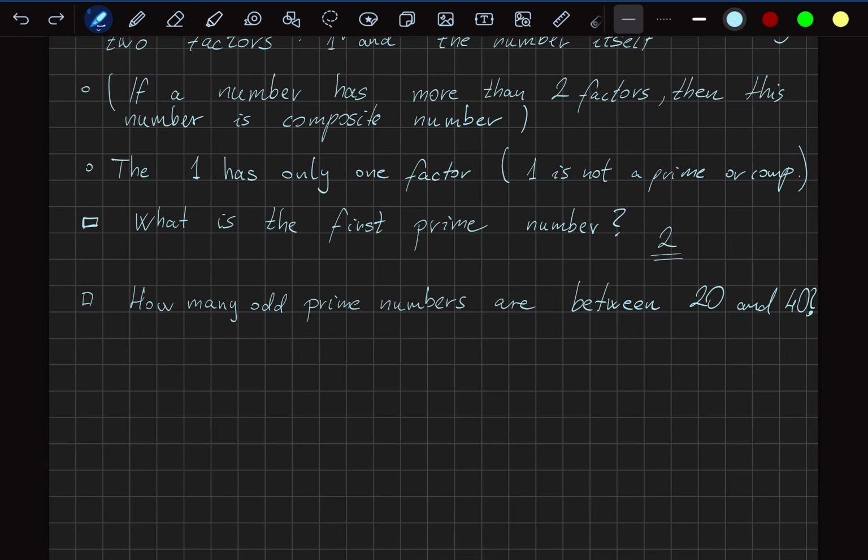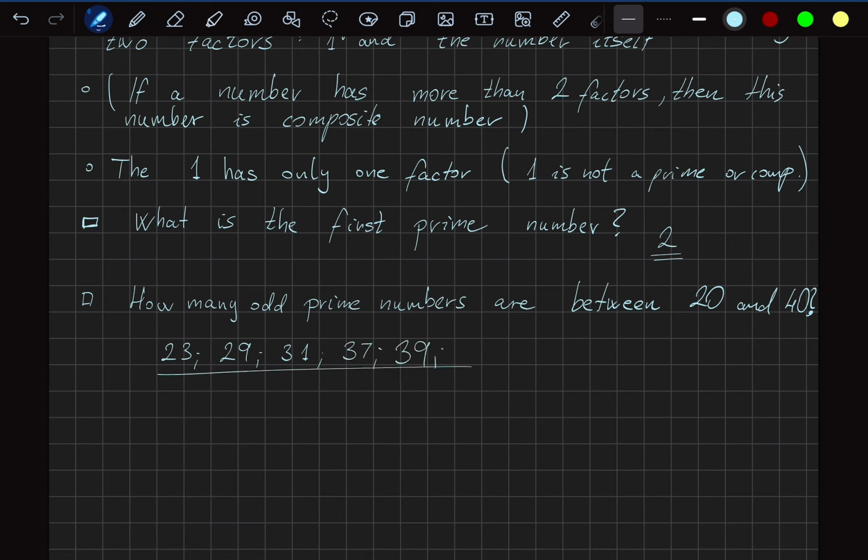So 20 and 40: 21, 22, 23, 24, 25, 26, 27, 28, 29, 30, 31, 32, 33, 34, 35, 36, 37, and 38, 39.